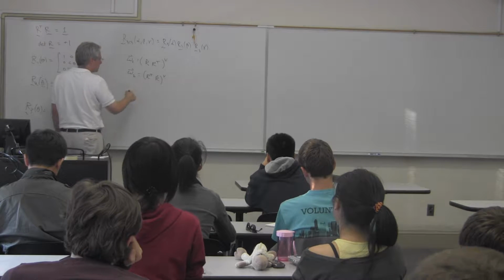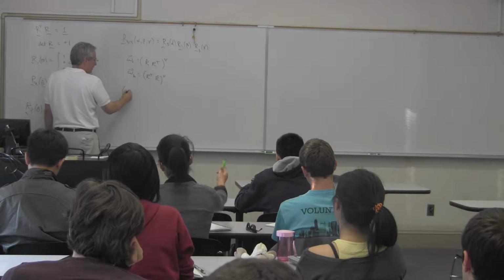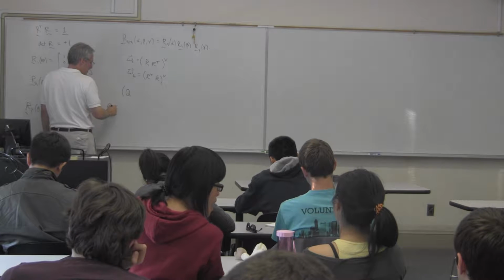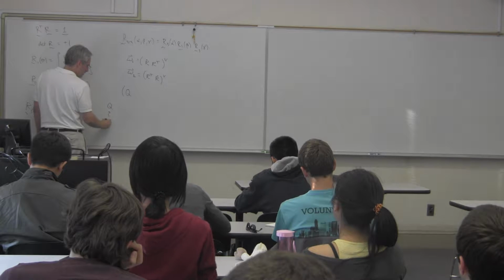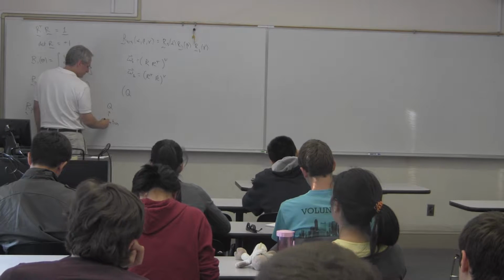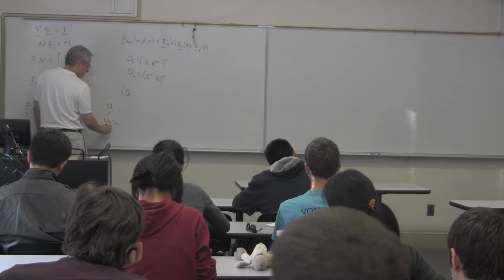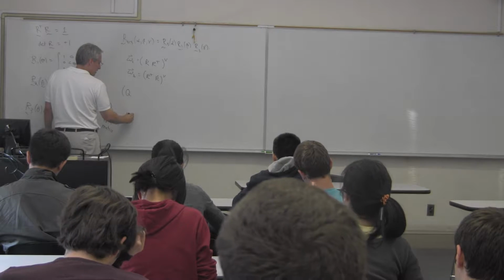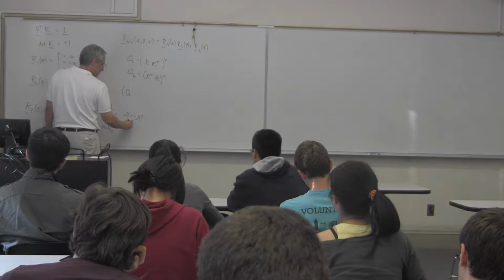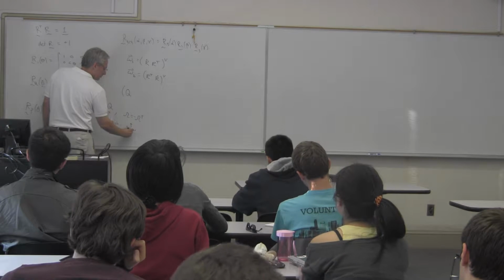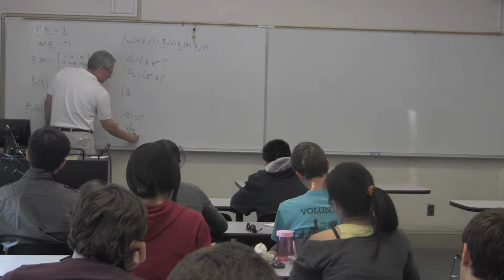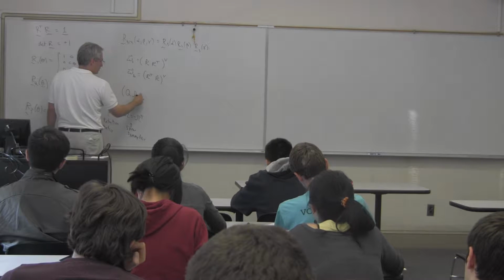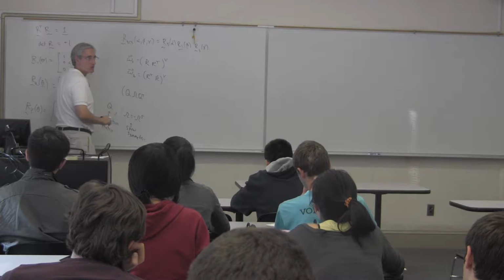And these are related to each other by the general fact that if Q is a rotation matrix, and if capital Omega is a skew-symmetric matrix, then Q Omega Q transpose is also a skew-symmetric matrix.